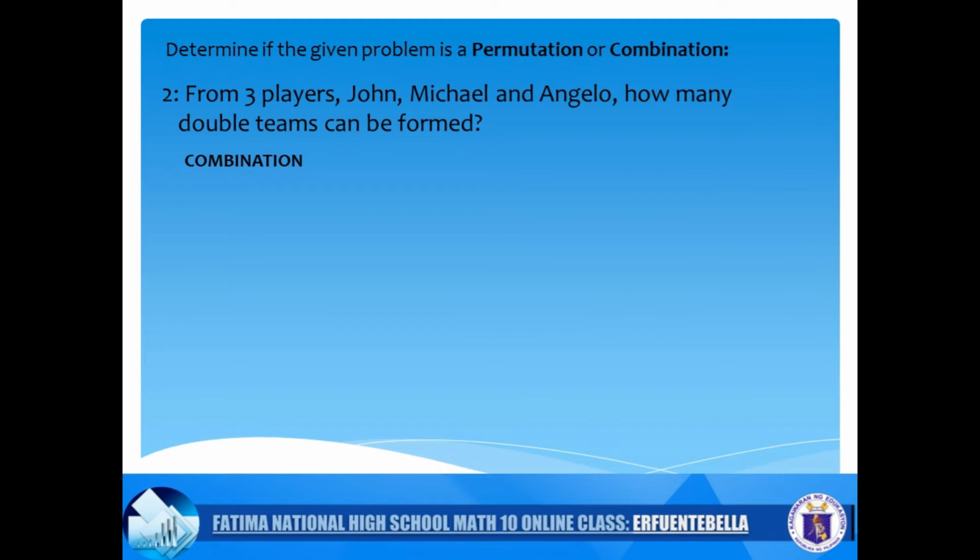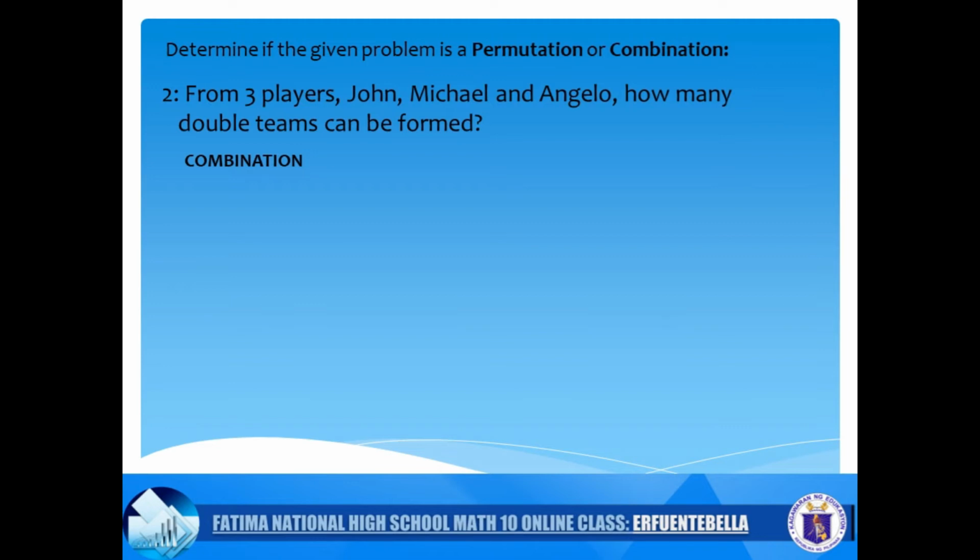So in combination, class, to determine if it is combination, you just rearrange yung set na nabuo ninyo. Pag ganun pa rin ang meaning, so that is combination. Pag mag-iba na yung meaning, that is permutation.